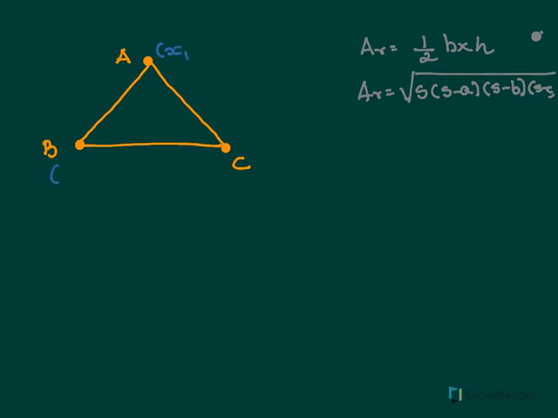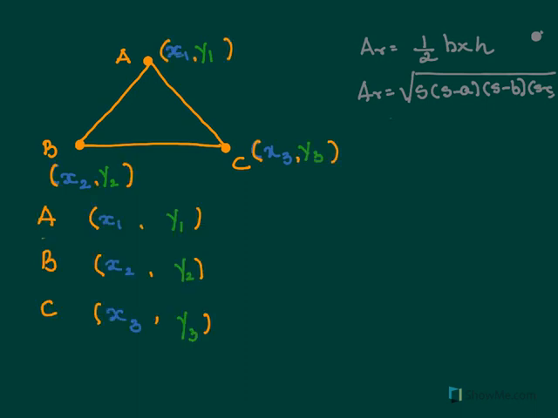B will have its coordinate, we will call that x2, and C will have its coordinate, and we will call it x3. Each has an x coordinate and a y coordinate too. So this is y1, this is y2, and this is y3. So I have written the points again: A with x1, y1, B with x2, y2, and C with x3, y3.